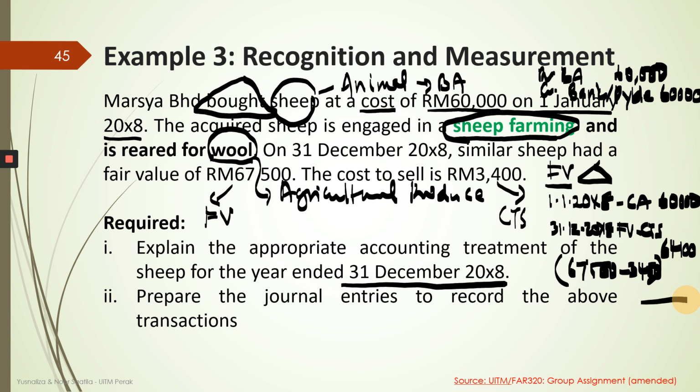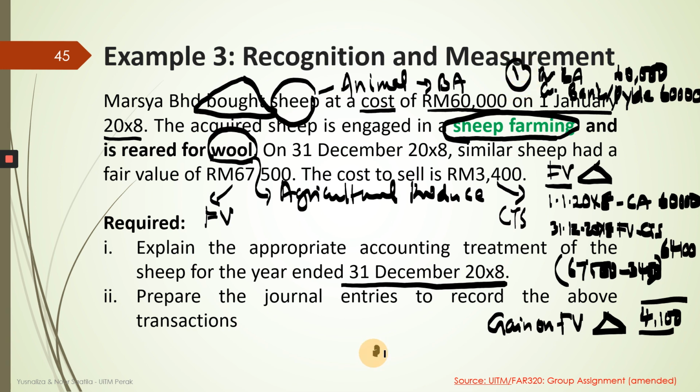So the difference is 4,100. You can see that the fair value at the reporting date is greater than the fair value at the beginning of the year, and therefore there is a gain on fair value change, because the fair value at the end of the reporting date is greater than the fair value at the beginning of the year or the most recent reporting date. So this is the first journal.